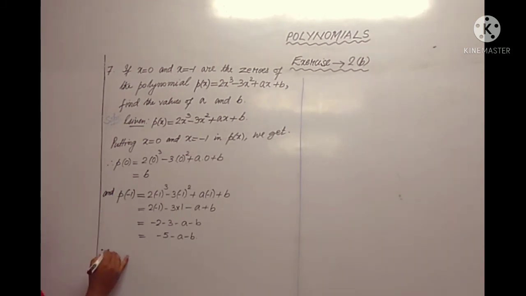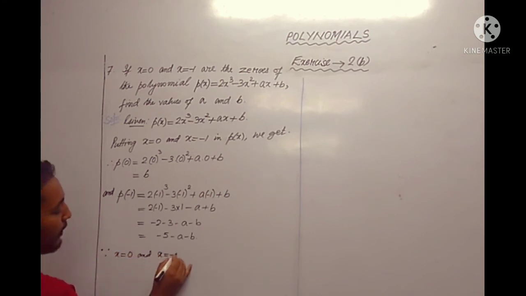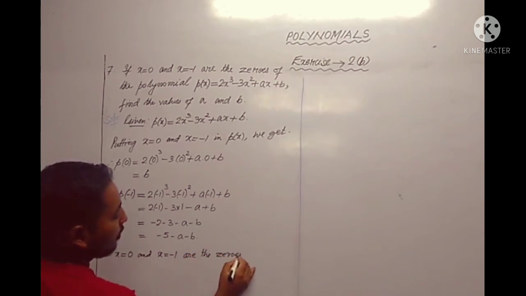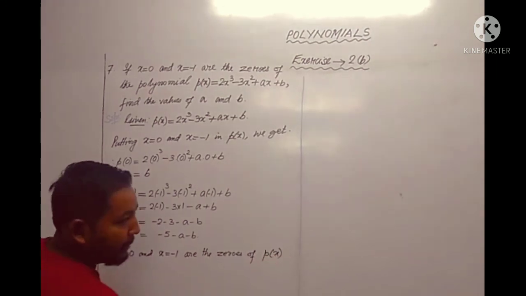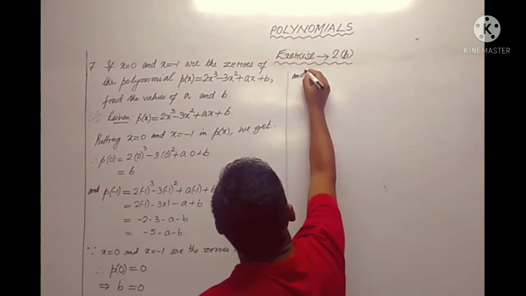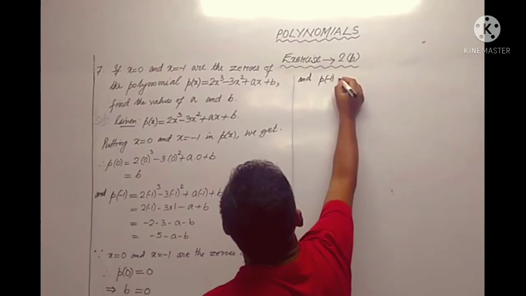Now, since x equals to 0 and x equals to minus 1 are the zeros of p(x), therefore p of 0 will be equals to 0, which implies that, what is p of 0? p of 0 is b, which implies that b equals to 0, and p of minus 1 also equals to 0.